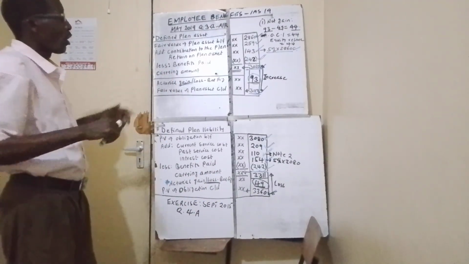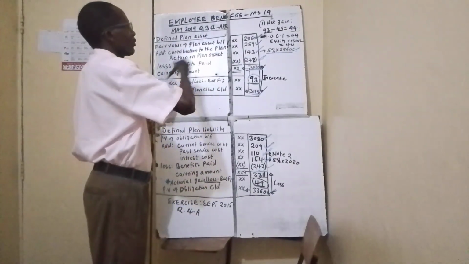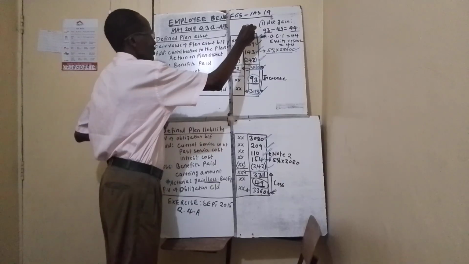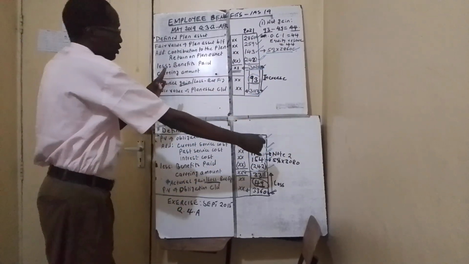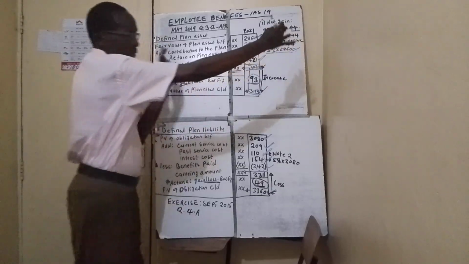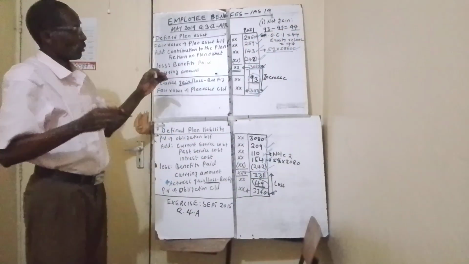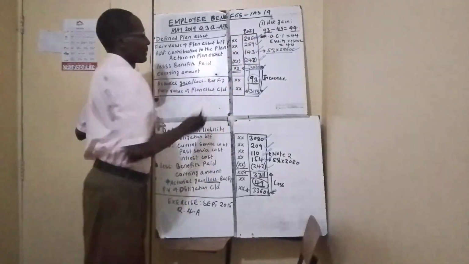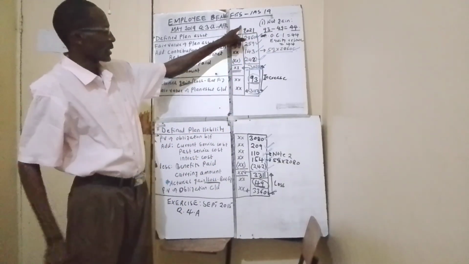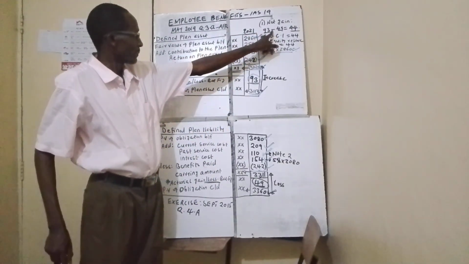Nothing changes there. Only that you'll be having, for example, here 2021, then another column here for 2022, another column for 2023. Now, the closing balance here becomes your opening balance. For example, if this is 2021, you have your 2022 here.